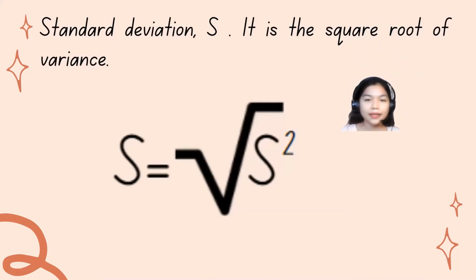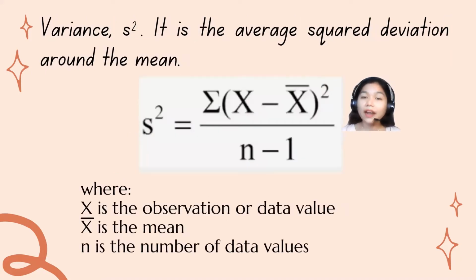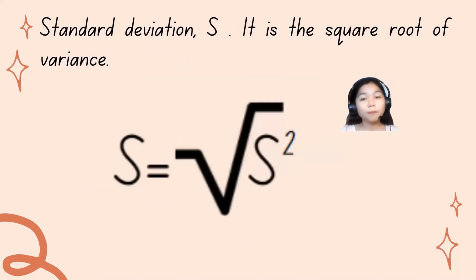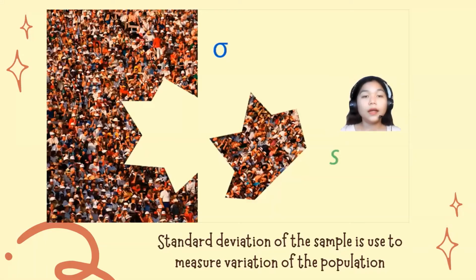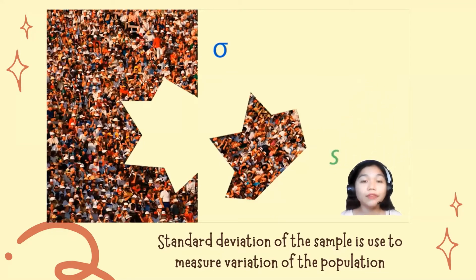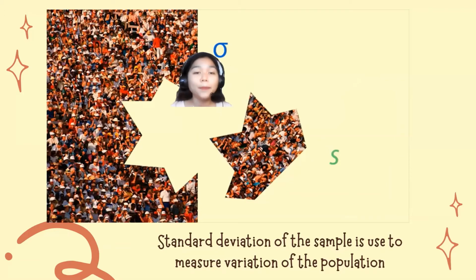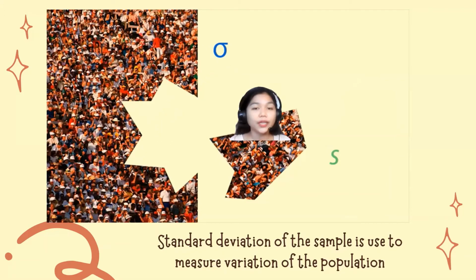So again, this is the variance. After knowing the value of the variance, we simply need to take the square root. The standard deviation of the sample is used to measure the variation of the population. For example, this is the entire population.